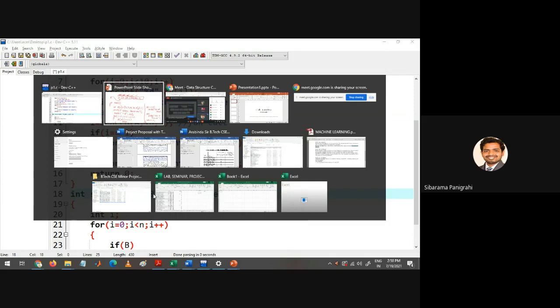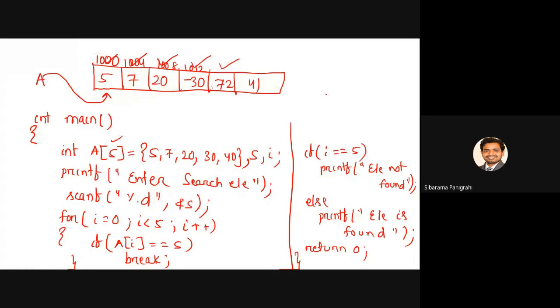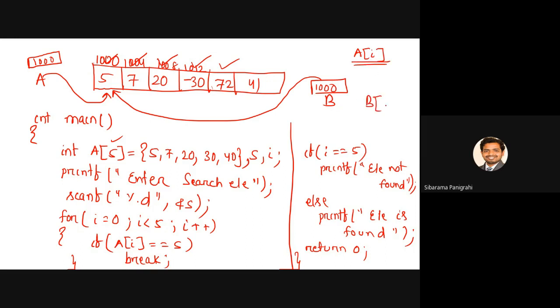Here I have declared another pointer b. Now b will store the value of a. What a stores? a stores the starting address of the array, that is 1000. So now b will store 1000. So b will point to which location? This location. So now what was a of i in the main function, in this function b of i is the same. Yes or no?